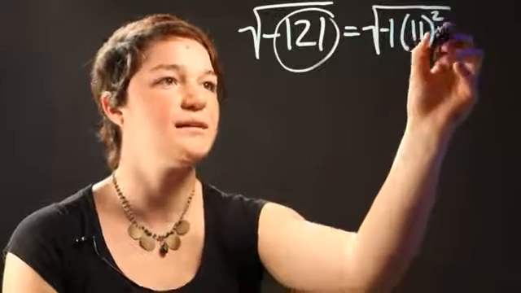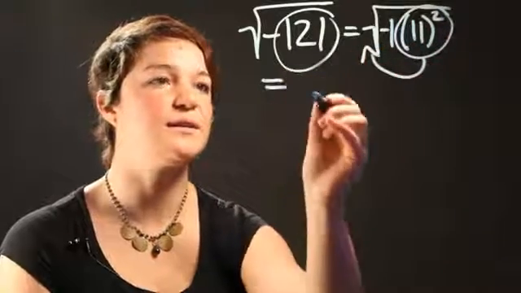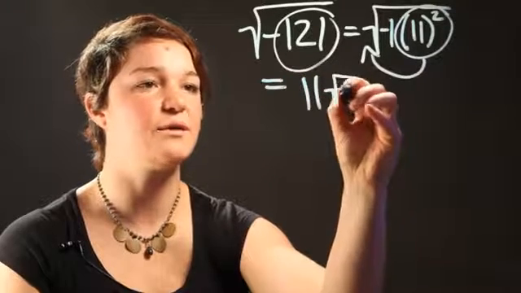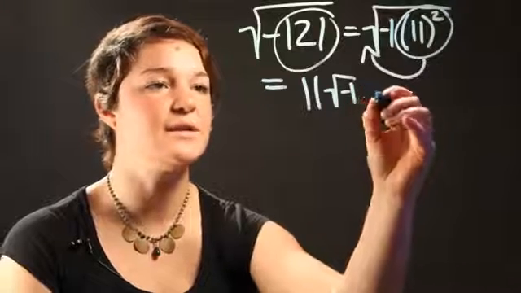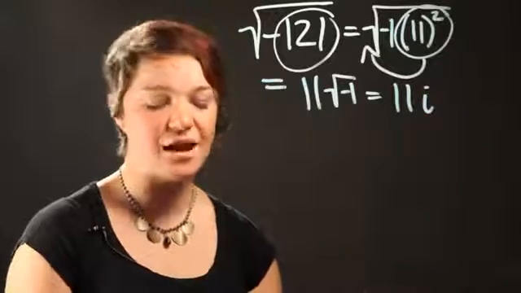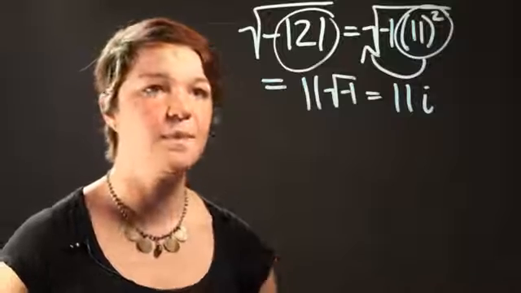We're going to take this 11 squared and pull it out. So really what this equals is 11 times radical of negative 1. And we know that the radical of negative 1 is i, so the answer is 11i.